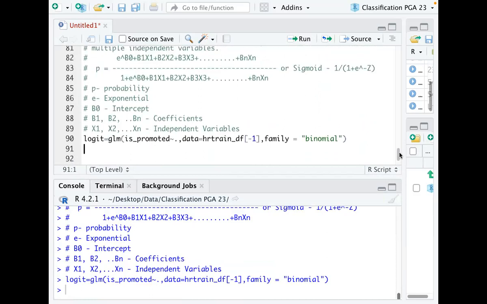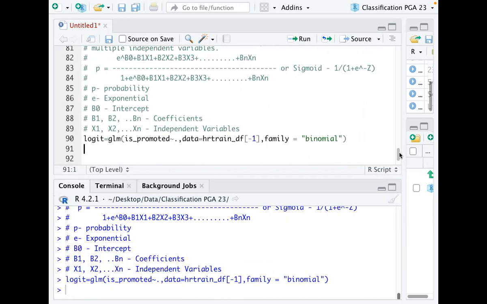Tilde dot means include all other variables as independent variables. And HR_train_DF minus 1 means we are ignoring the first column, which is the employee ID column.